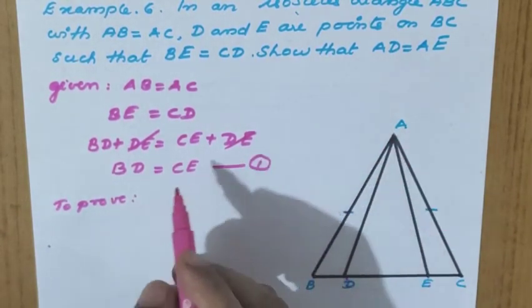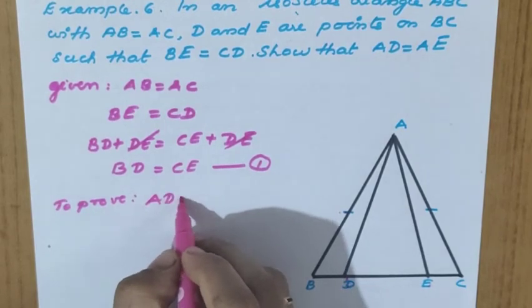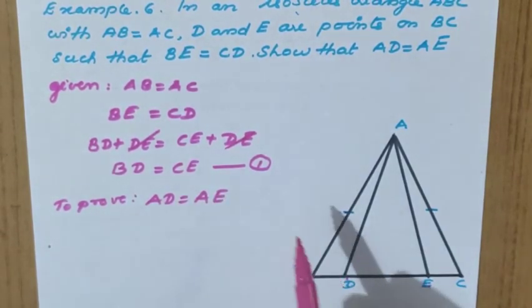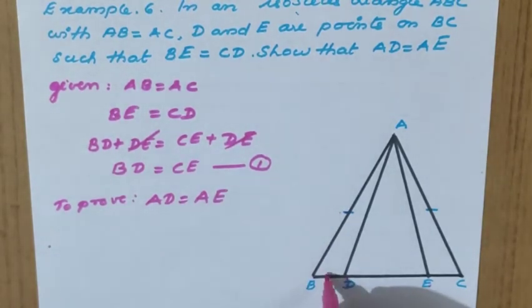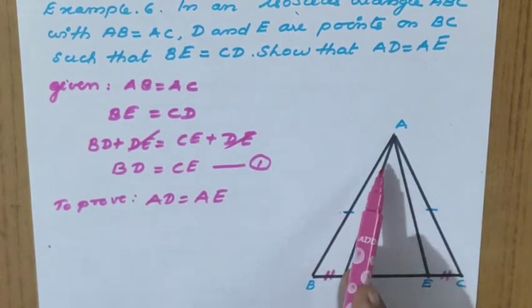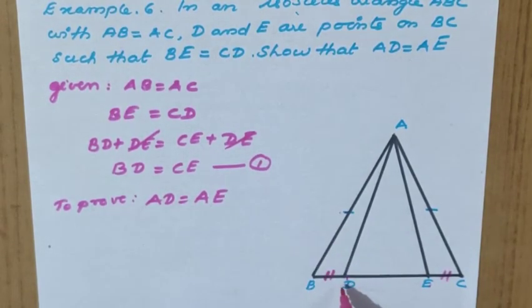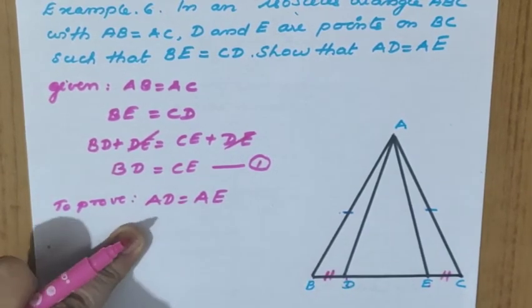To prove AD equal to AE. Now you check what criteria is available with us. We got BD equal to CE, that is the second equal side. So the first equal side, side AB, we got. Now the third side we cannot take because it is to be proved.